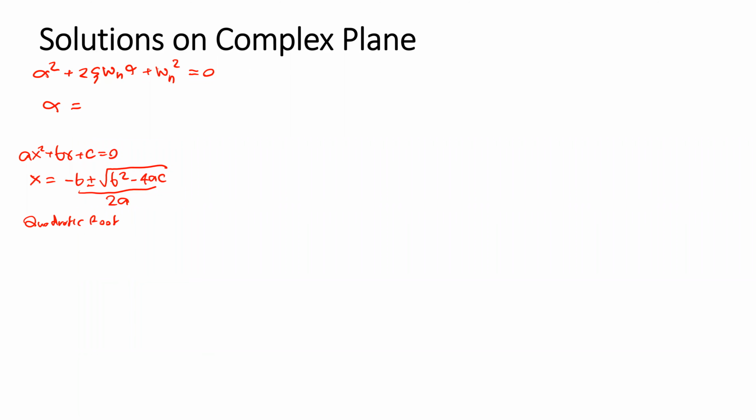So alpha needs to be minus b plus or minus the square root of b squared, which is 4 psi squared omega n squared, minus 4ac. 4ac means the coefficient in the first term is equal to 1, right? And finally divide by 2a.